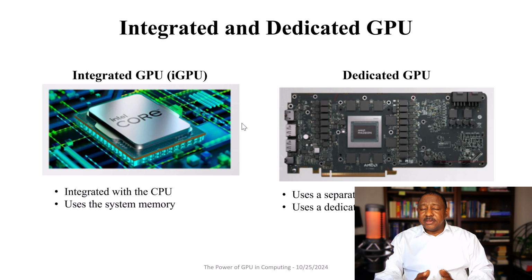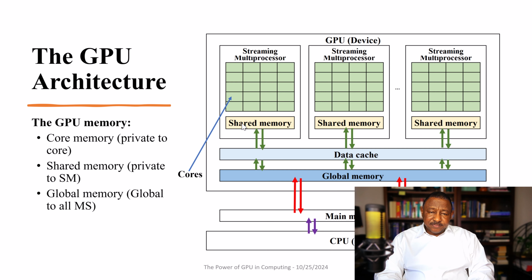And the dedicated GPU is a completely different GPU on its own card or PCB, and it has its own memory and architecture. Most of the time, we are using dedicated GPUs in computing. So our focus will be only on the dedicated GPU, because this is the GPU that we are using.